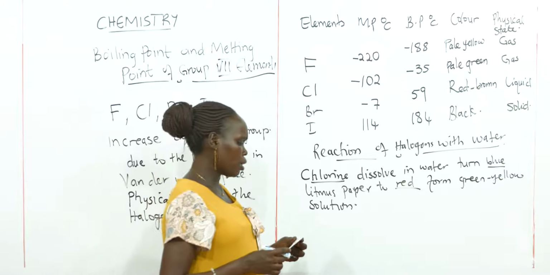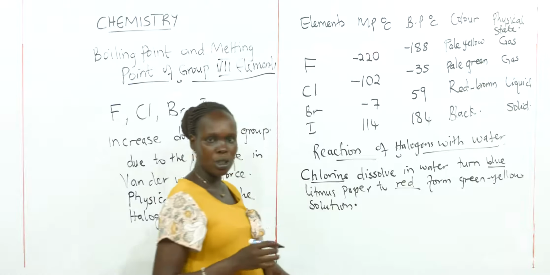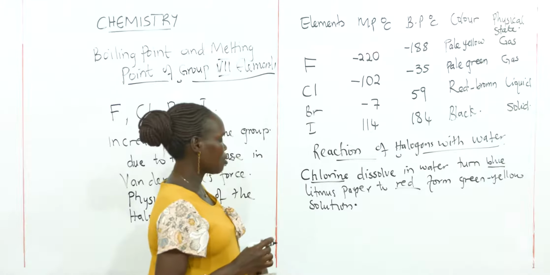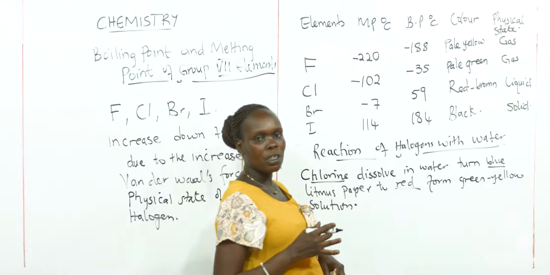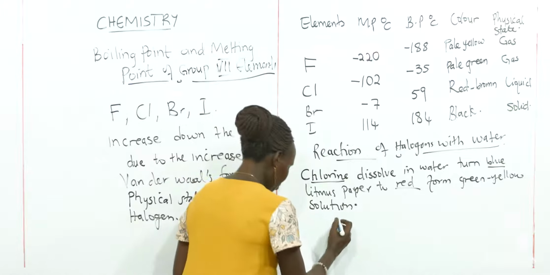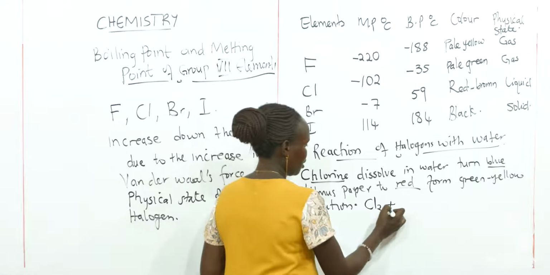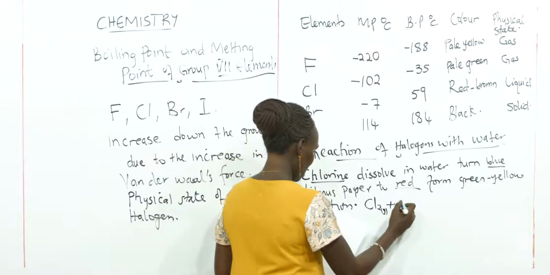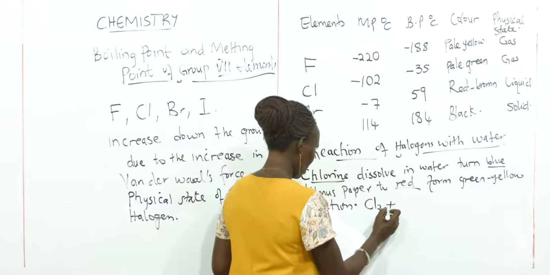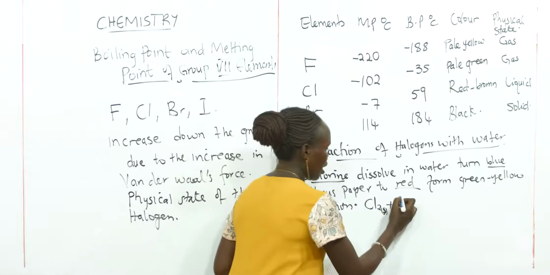So we are going to see that both hydrochloric acid and hypochlorous acid are formed in the solution. The presence of this acidic solution is brought about by hydrochloric acid and also a weak acid, which is known as hypochlorous acid. So when chlorine gas reacts with water, it will have this formula.